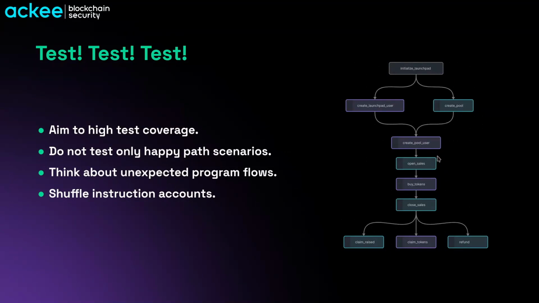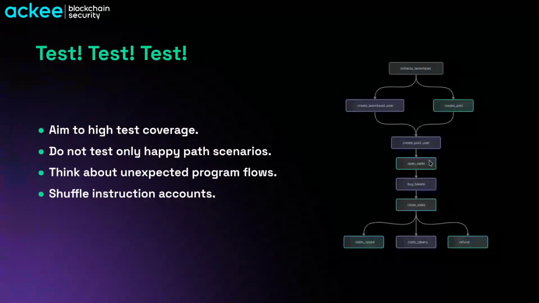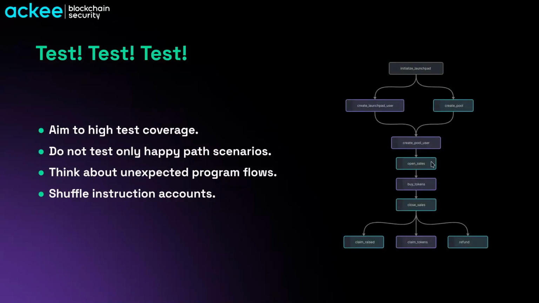You should really change or test different program flows, but you should also test that someone supplies unexpected accounts to your program. So if you can see in this diagram that, for example, open sales can be done only by the administrator of the ICO, then you should also test that it is really the case that only a specified admin can do it and not an unauthorized user.